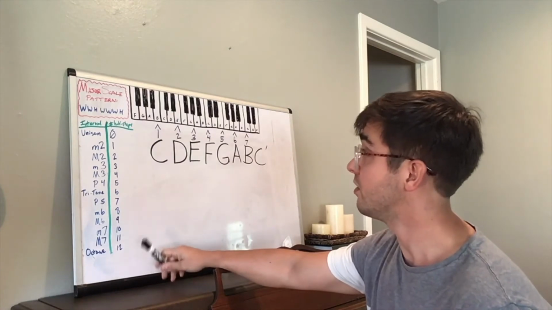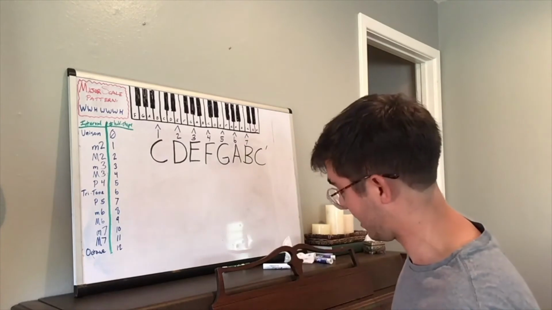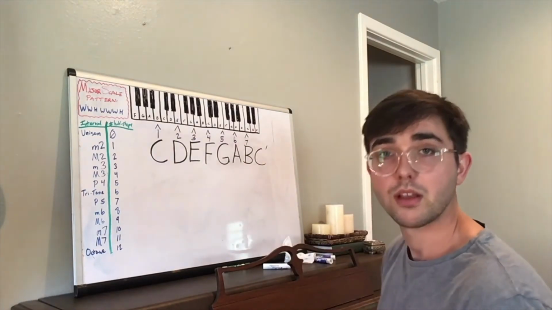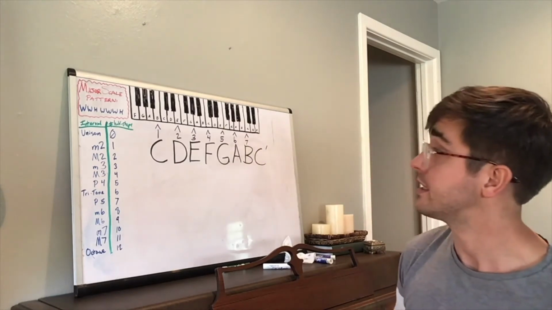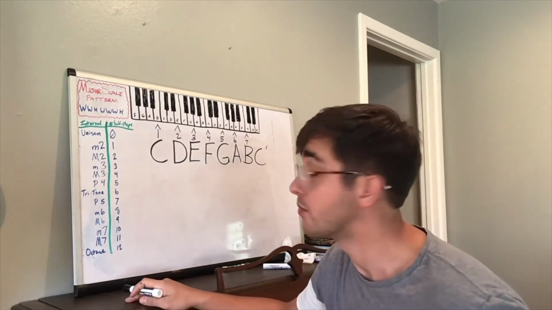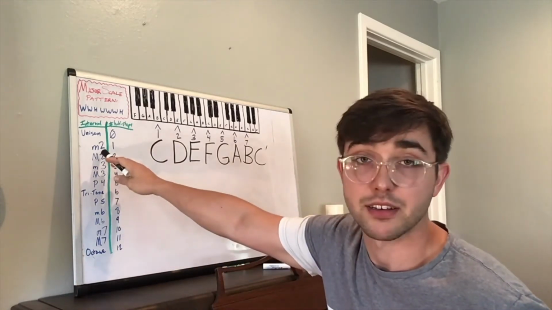So a unison is 0 half steps. It would be this C to the exact same C. It sounds like this. Perfect unison. Okay, the next interval on our chart is the minor second.